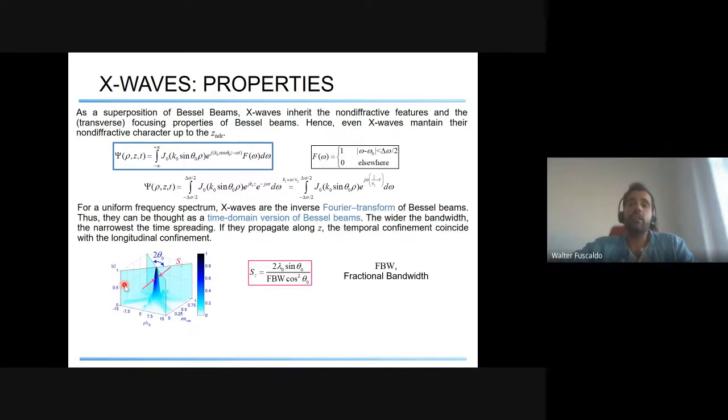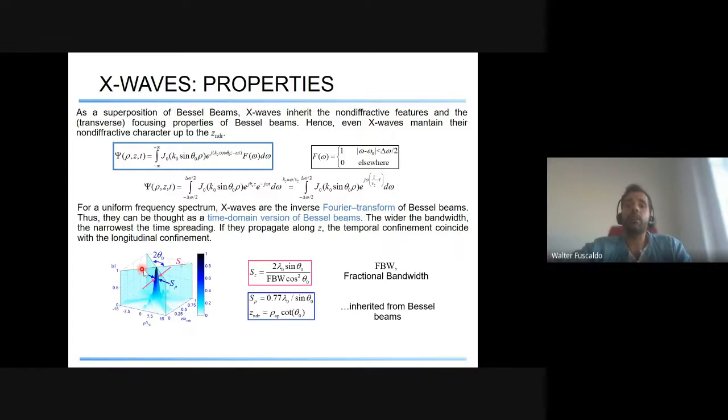Instead, the transverse resolution of such a pulse will be inherited from the Bessel beam solution. So basically, the only difference between a Bessel beam and an X wave is the confinement along the longitudinal propagation direction.